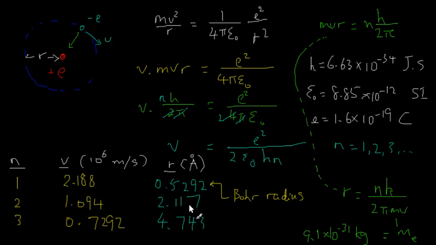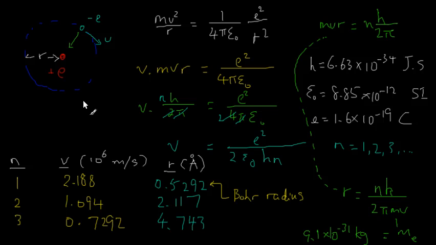Now, I've also talked about how one of the main aims of this model of Bohr's was to try and explain and calculate the line spectrum of hydrogen.